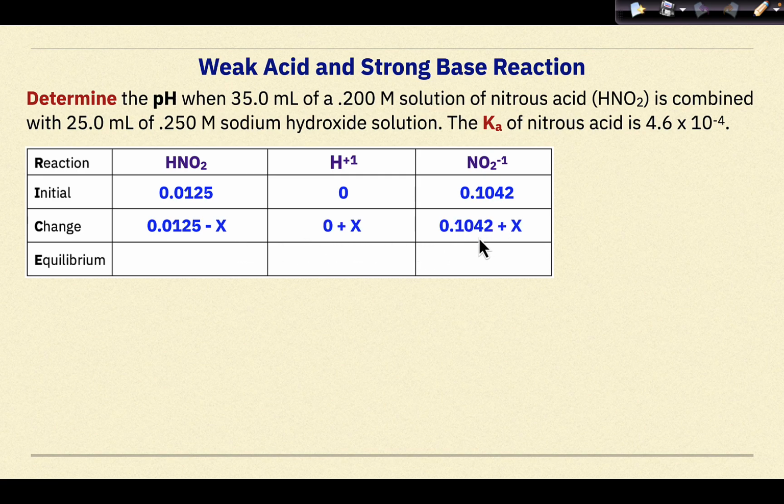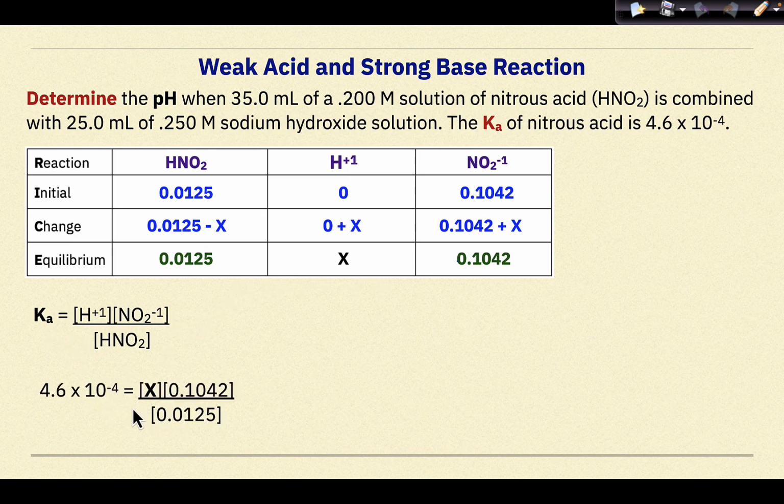We will assume that X is small based on the Ka value. Therefore, at equilibrium, the values in the RICE table will be 0.0125, X, and 0.1042. Using the equilibrium expression for Ka, the values from the table can be substituted into the formula.